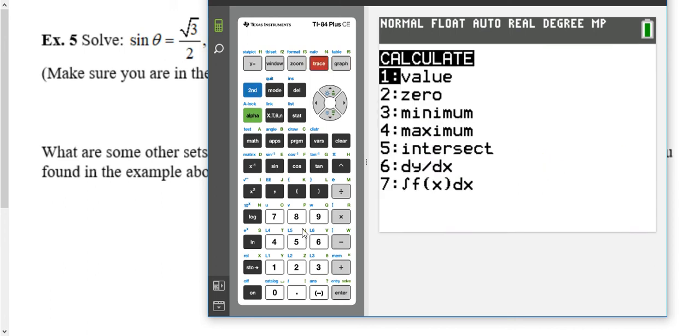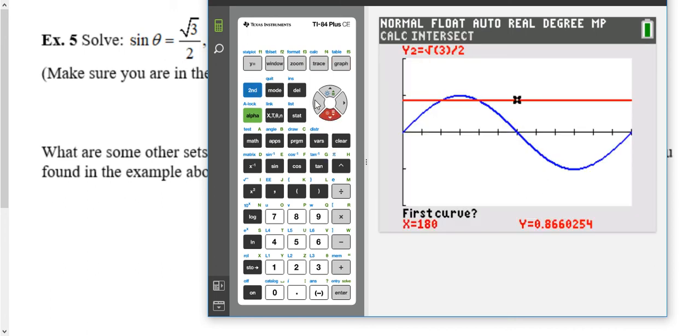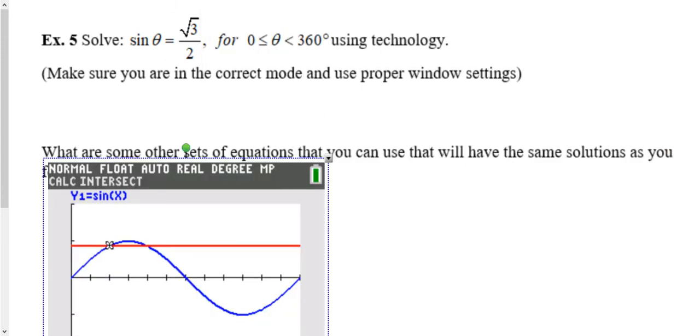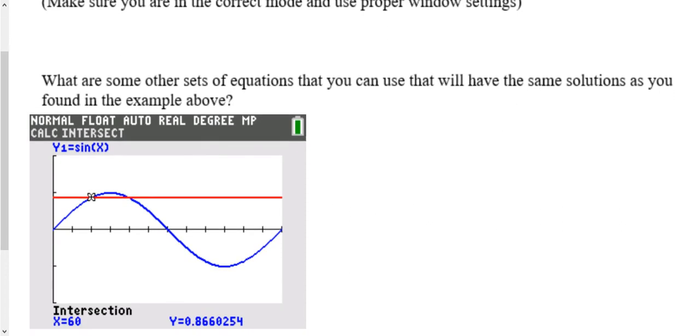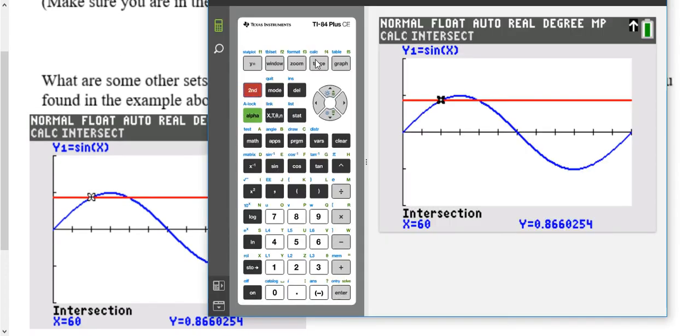Let's go second trace, option 5. Let's find that first one there. Enter, enter, enter. We have 60 degrees. So that was the first one that we found earlier for sine inverse of root 3 over 2. We do want to find the second one because that's going to be our second answer, and we were predicting that was around 120 degrees.